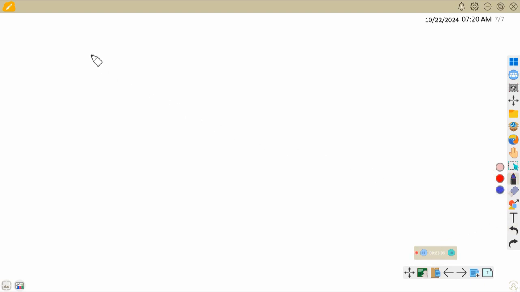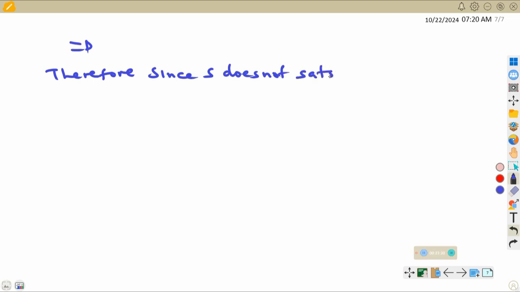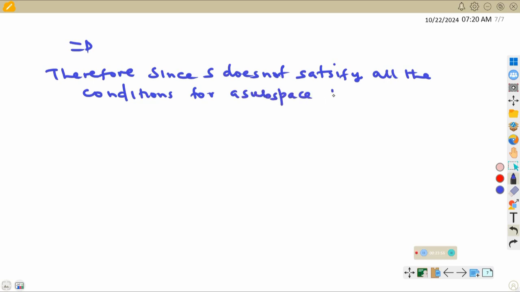And if that is the case, you should be able to put your conclusion that therefore, since S does not satisfy all the conditions for a subspace, then clearly S is not a subspace. S is not a subspace of R3.